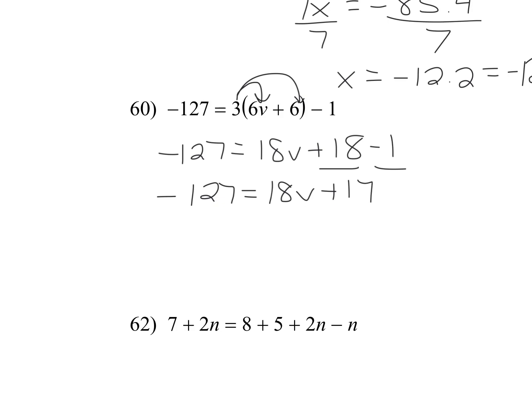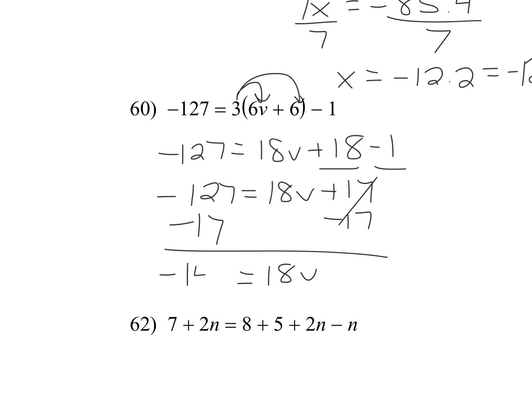What do I do first? Subtract 17. Negative 127 minus 17 is? Careful. It's negative 144. Yep. Oh, shoot. Last step. Divide by 18.